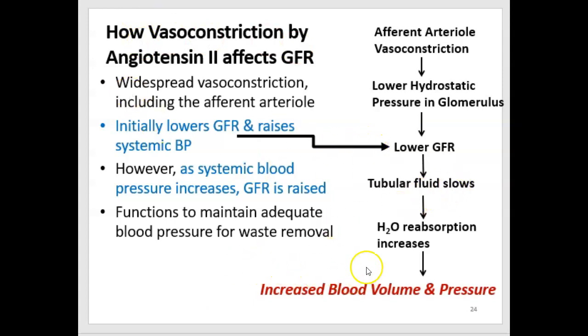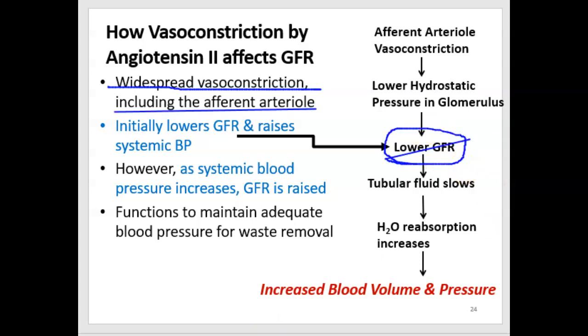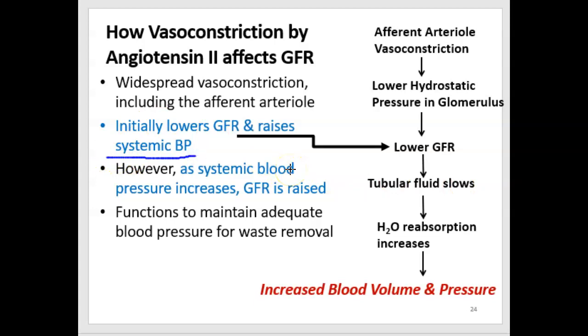You would think that angiotensin II, since we have widespread vasoconstriction, including the afferent arteriole, would actually lower GFR. And that's true initially. Initially, glomerular filtration rate is lowered. And that is to prevent too much urine formation and preserve water so that you're raising blood volume and systemic blood pressure.